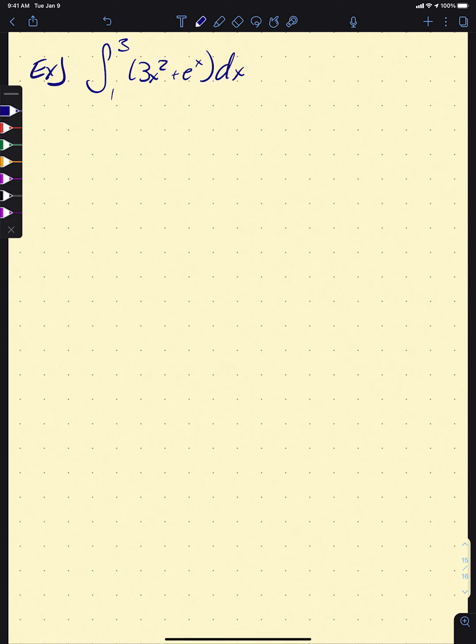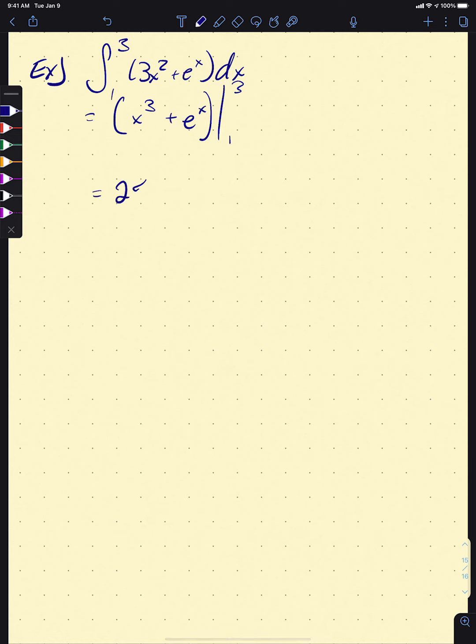As we take our antiderivatives, right, what are we going to get? Well, looks like we're going to see the antiderivative of 3x squared. Well, that's x cubed, right? The antiderivative of e to the x is e to the x, and again, we don't need our plus c. I'm going to evaluate this between 1 and 3.